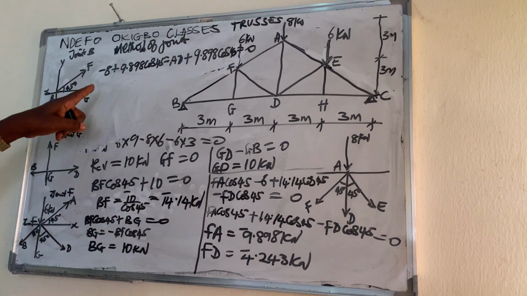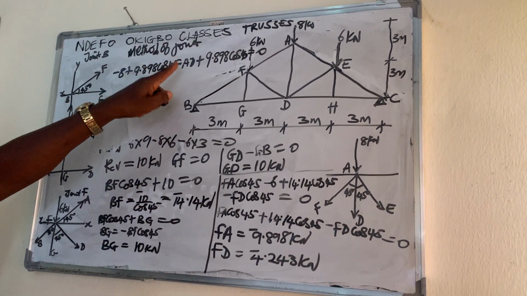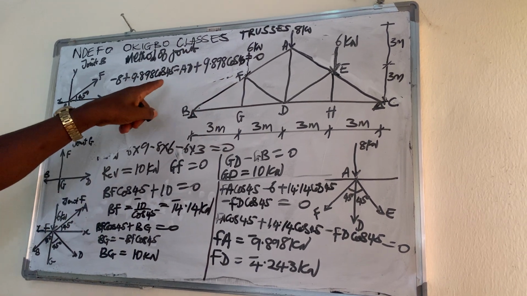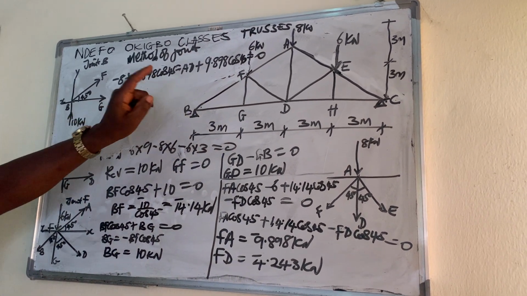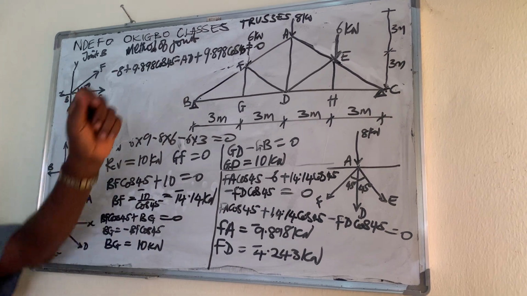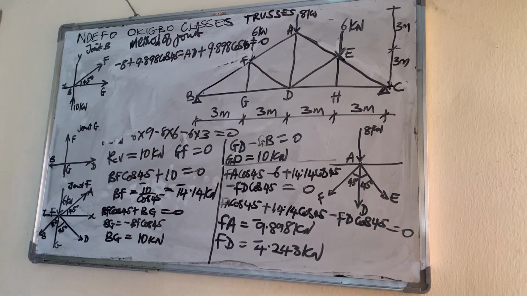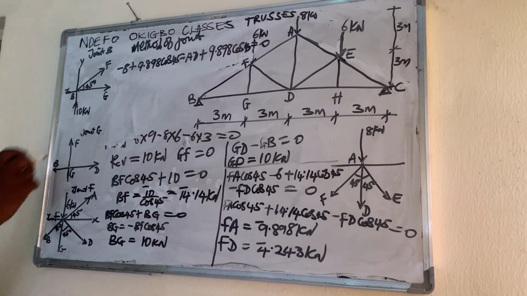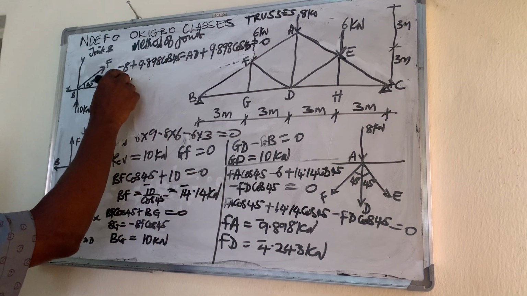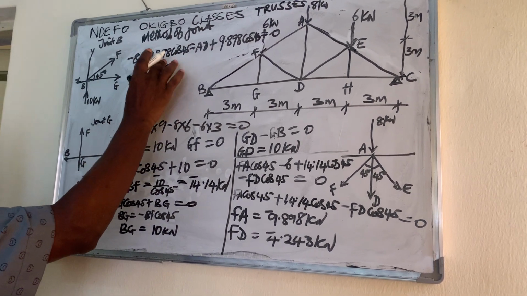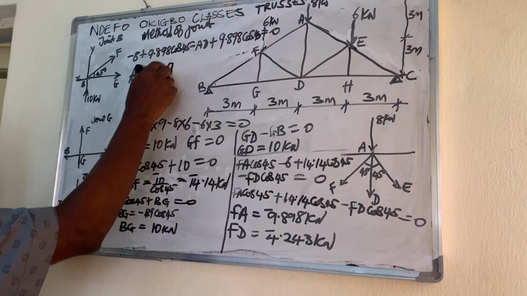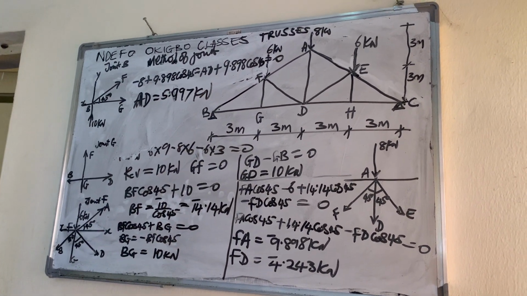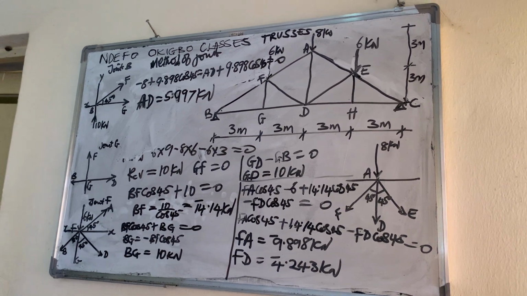So we're looking for only one unknown, AD, because the other ones are known. If you solve that equation, you have AD equal to 5.997 kilonewton.